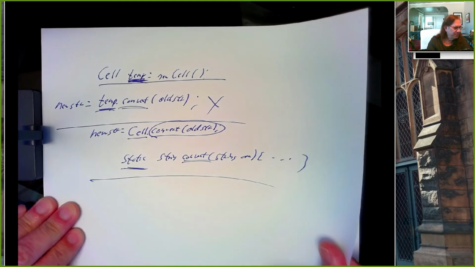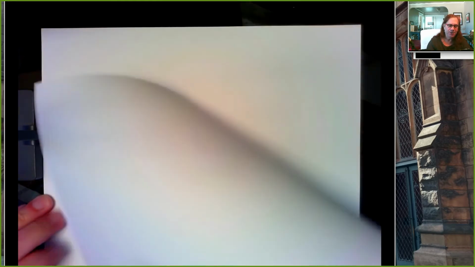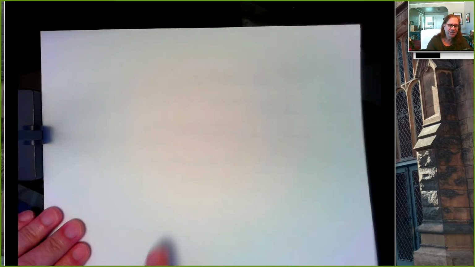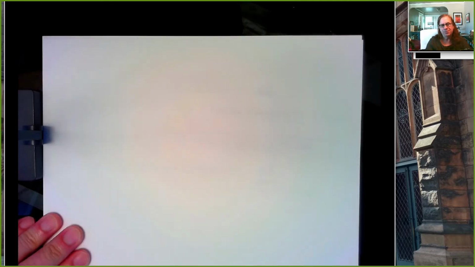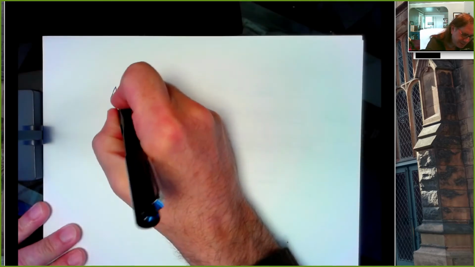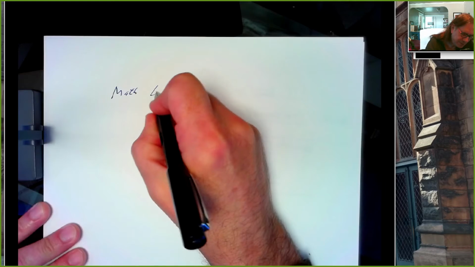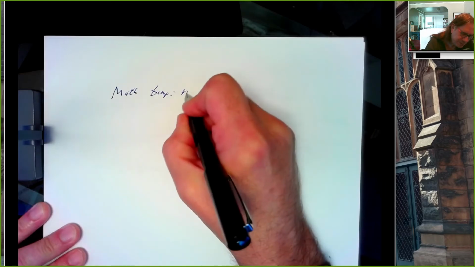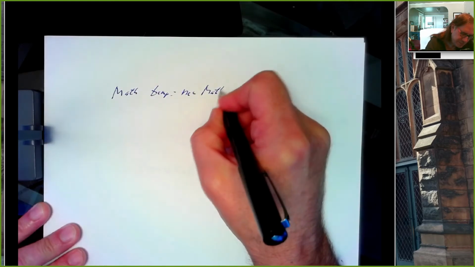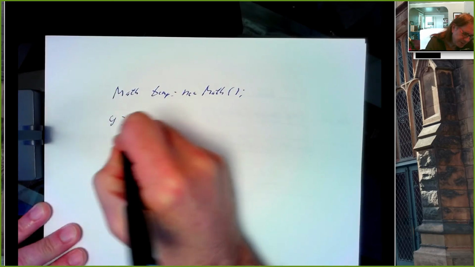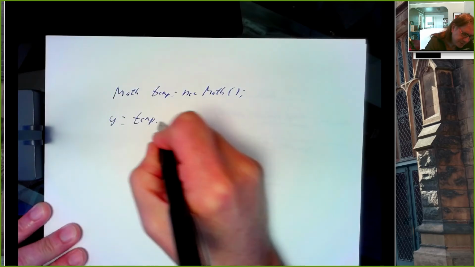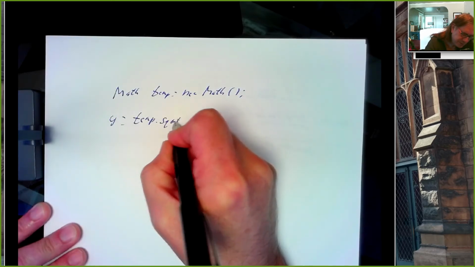And the example I go back to a lot of times is square root, right? If we didn't have statics, and I wanted to find the square root of a number, what would I have to do? I'd say something like math temp equals new math, and then y equals temp dot square root of x.